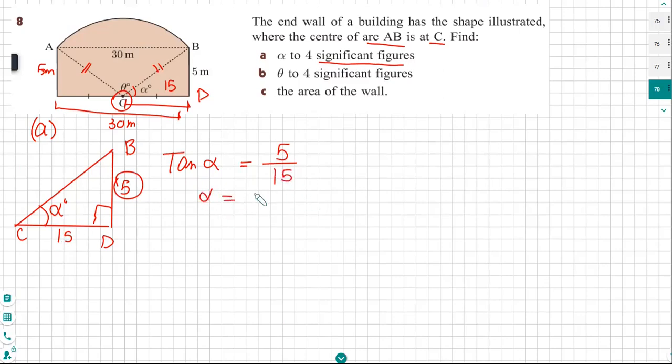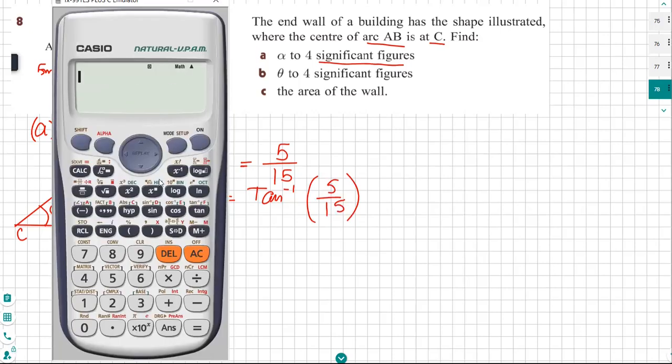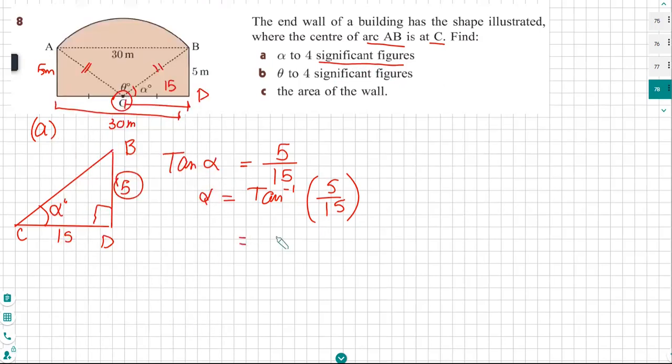So alpha will be equal to tan inverse of 5 over 15. Got it? So tan inverse of 5 divided by 15 inside this bracket. The answer must be 4 significant figures, so 18.43 in degrees, right?